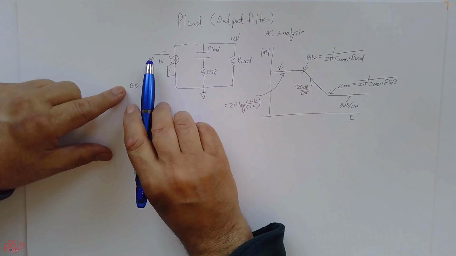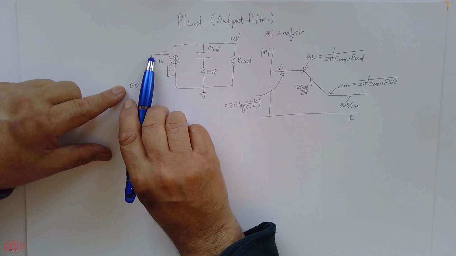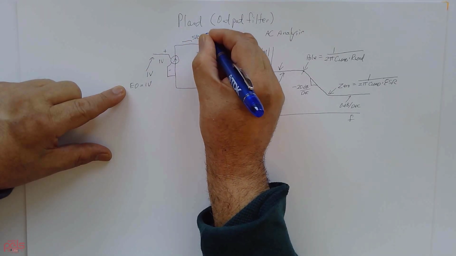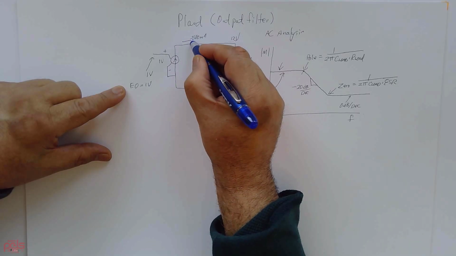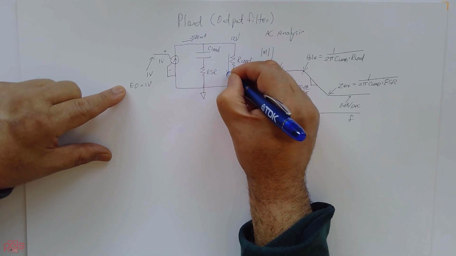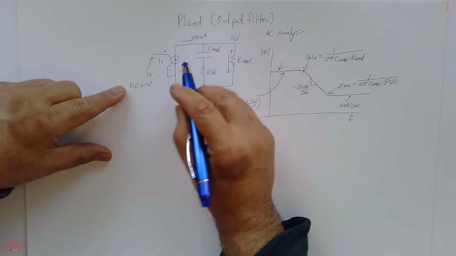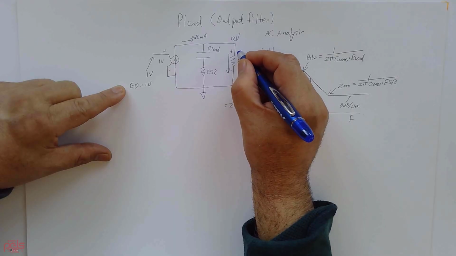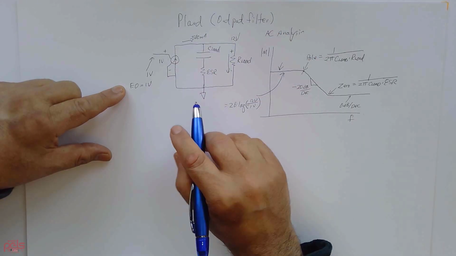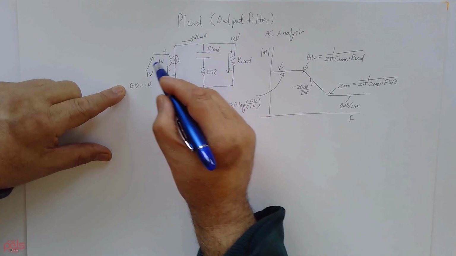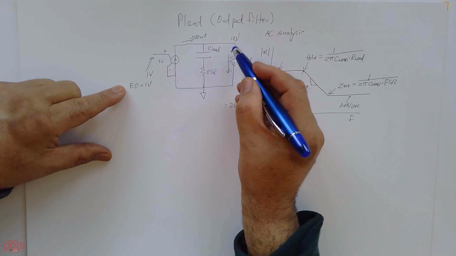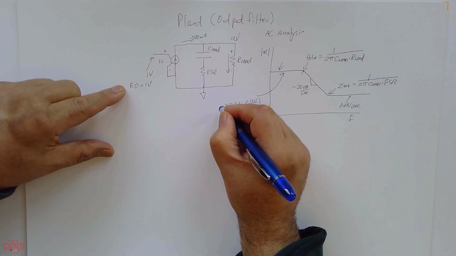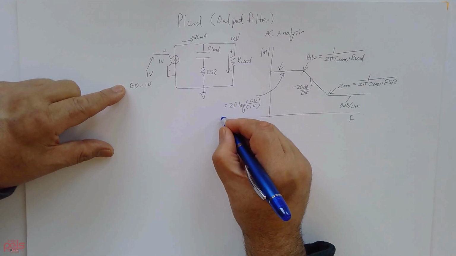If you put 1 volt here, it's going to force 500 milliamps, and that 500 milliamps will flow through this load, which will have 12 volts across it. So if this node is 12 and this is 1, that's your gain. You have a gain of 12.